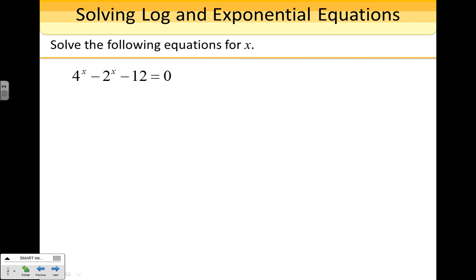Okay, so now we're going to move on to a little bit more advanced exponential equations. Some of them where we will have to use logs and others where we will not. So here we have 4 to the x minus 2 to the x minus 12 equals 0. And I want you to look at this and think about how this seems familiar.